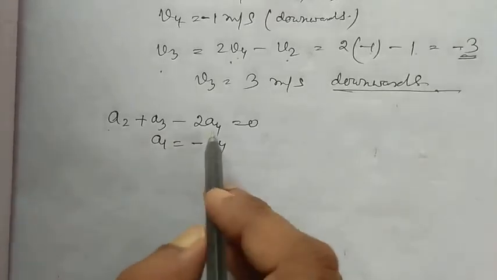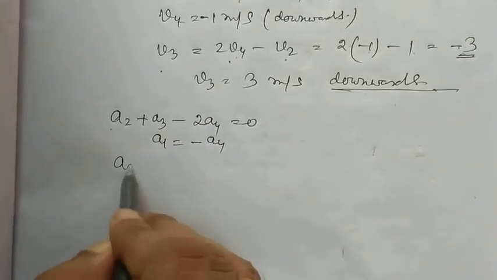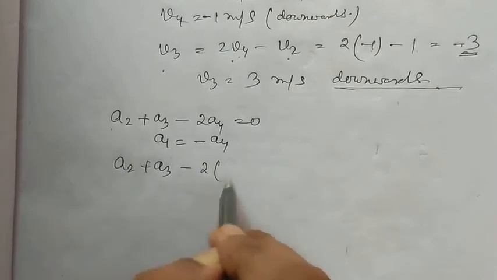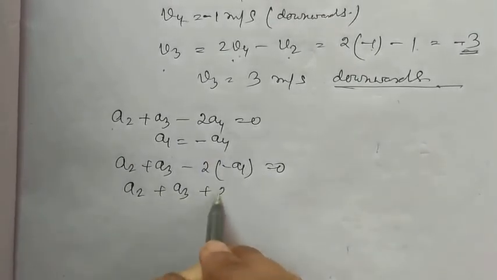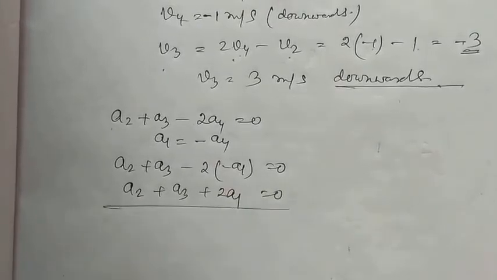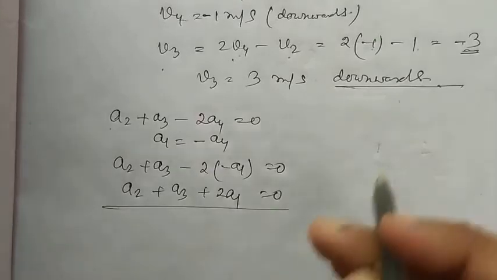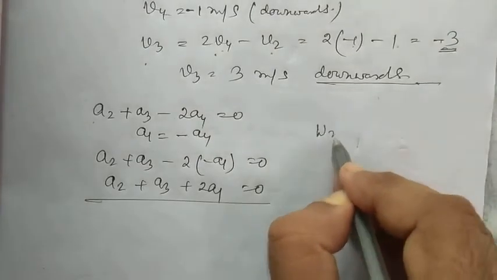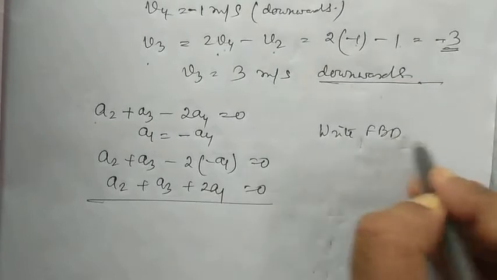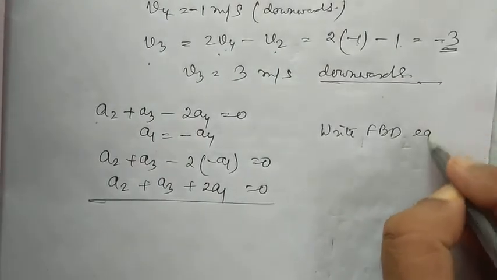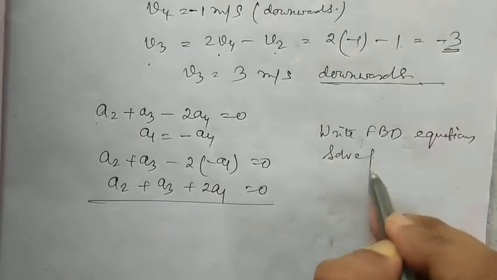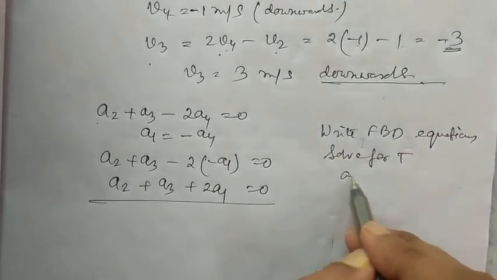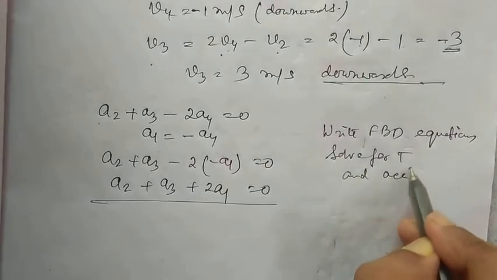So replacing a4 as minus a1 in the first equation, we get a2 plus a3 plus 2a1 is equal to 0. So this is the relation between the accelerations of the 3 blocks. Now write the FBD equations. You do it yourself. Solve for T and accelerations.